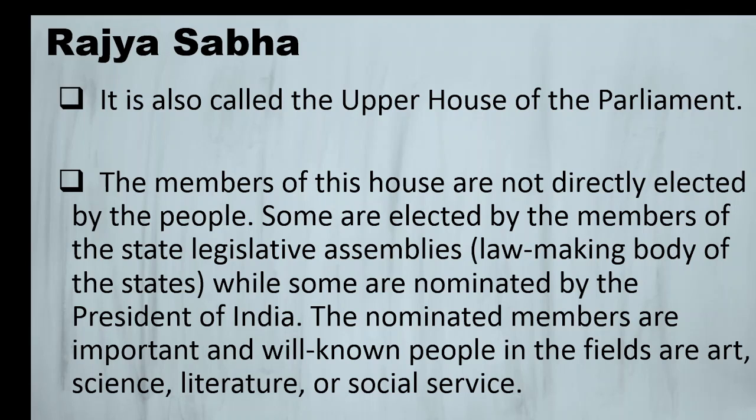The nominated members are important and well-known people in the field of art, science, literature, or social service. So, Lok Sabha and Rajya Sabha together combine and make the Parliament.